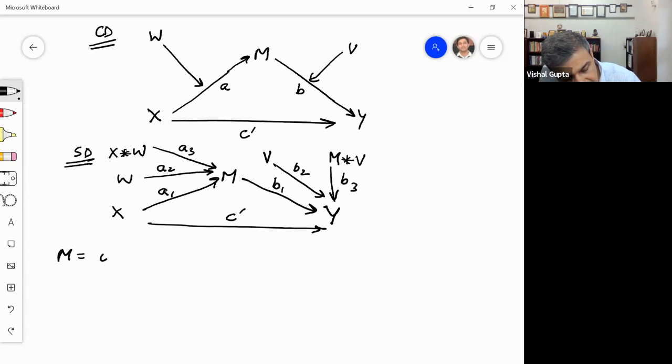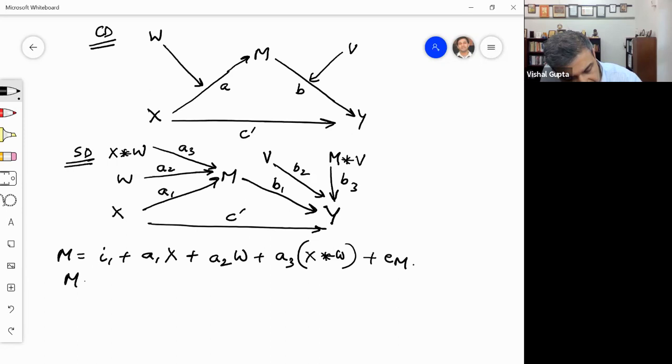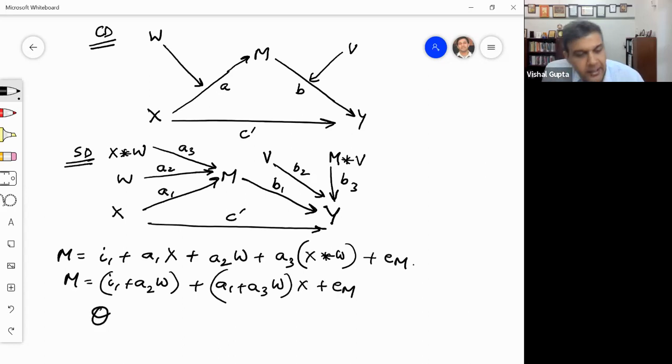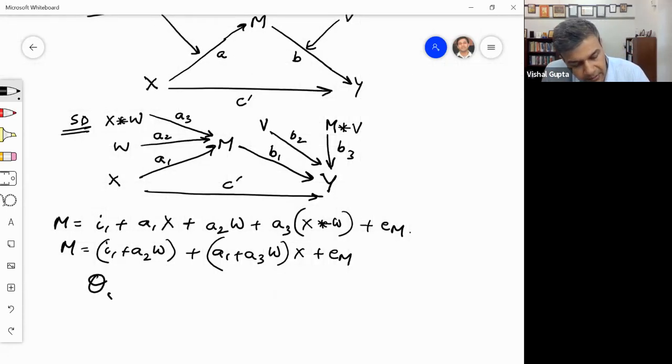M we can write as I1 plus A1X plus A2W plus A3X into W plus E of M. So my M becomes I1 plus A2W plus (A1 plus A3W) times X. So I can say my conditional effect of X on M, which is conditional on W, can be written as A1 plus A3W.